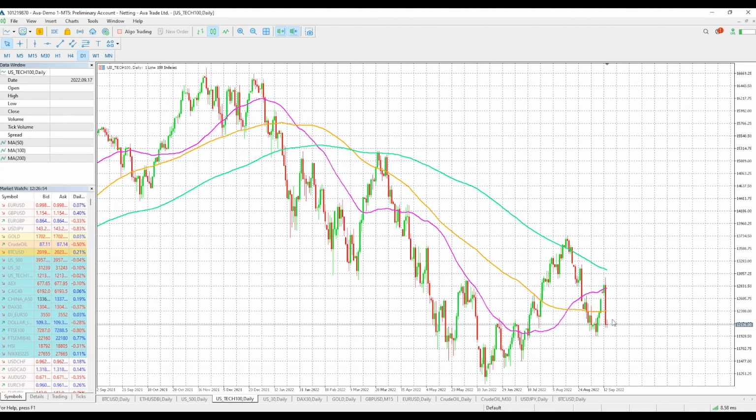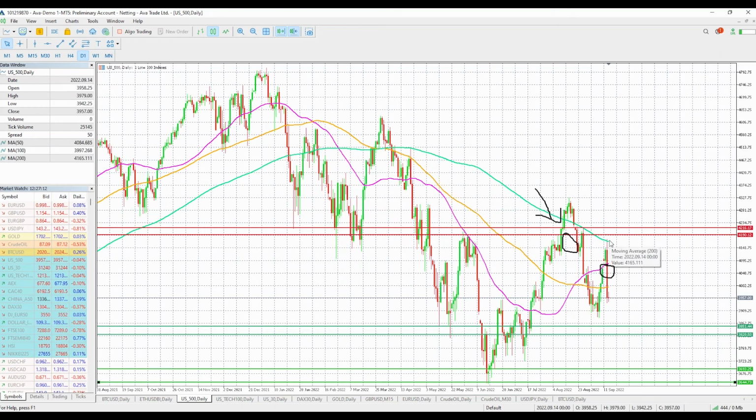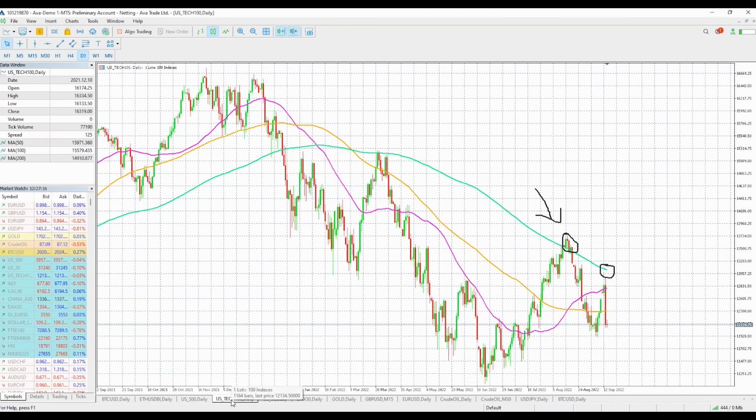The only difference is that the Nasdaq index did not challenge the 200 simple moving average, but it did challenge over here, and the challenge happened only once. In the case of the S&P 500 index, we know that the index did challenge that over here, but the Nasdaq index hasn't, and that shows a little bit of weakness.